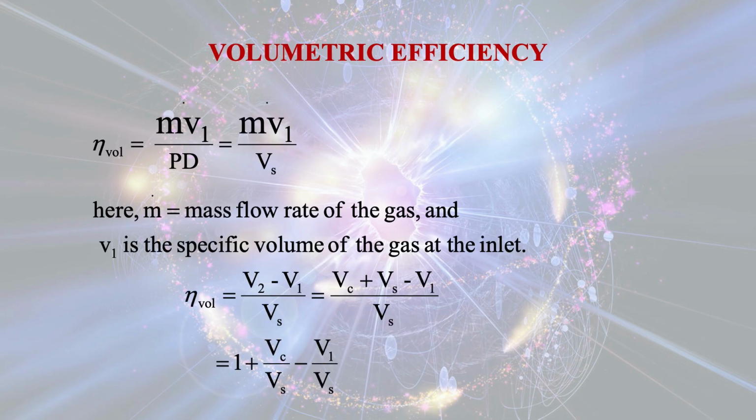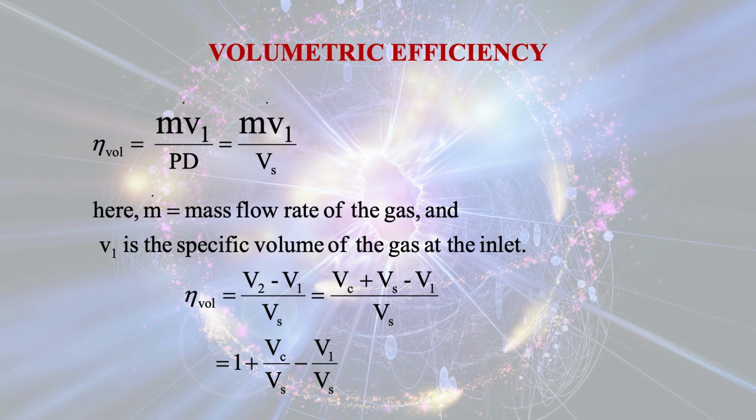Now, eta volume is equal to m dot v1 divided by piston displacement. Small v1 is the specific volume at state 1, so eta volume is equal to m dot v1 divided by Vs, because piston displacement is equal to Vs. Here m dot is the mass flow rate of the gas, and small v1 is the specific volume of the gas at the inlet.